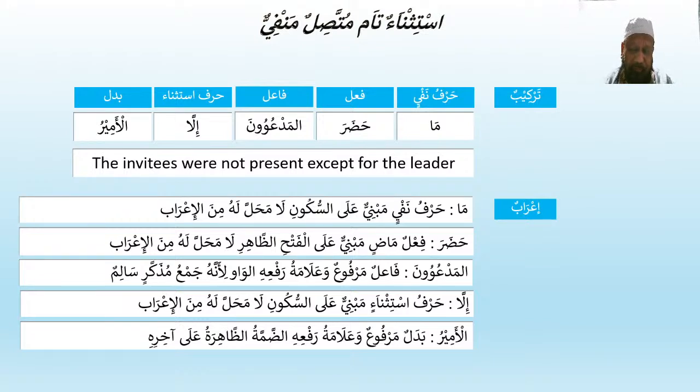If we use our brain, we can be more intelligent than these technologies. So why don't we use our brain to learn Arabic grammar, to understand the Quran?